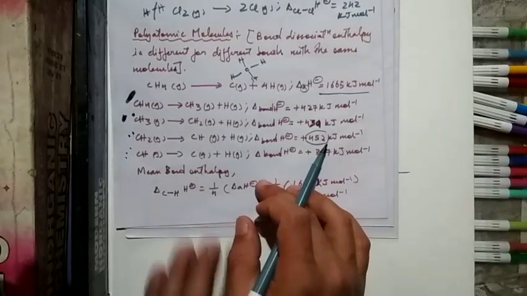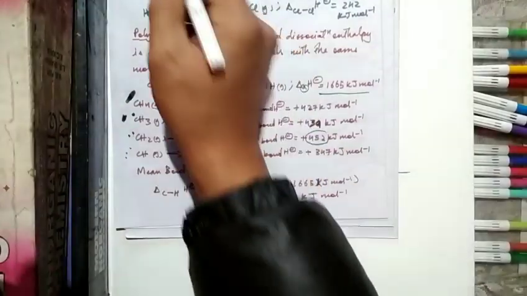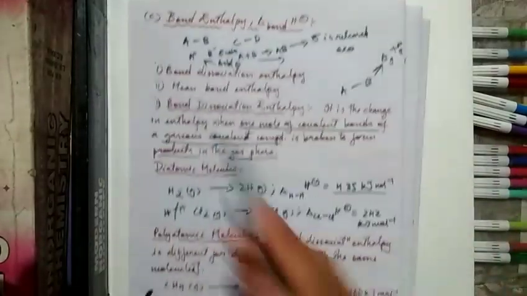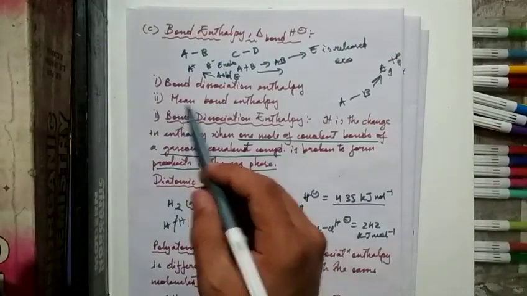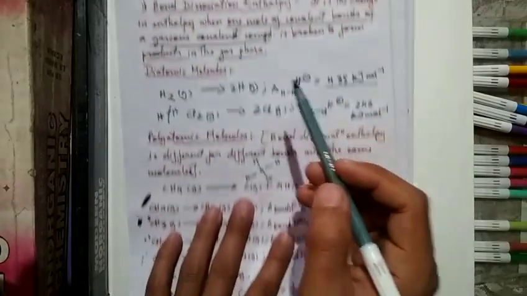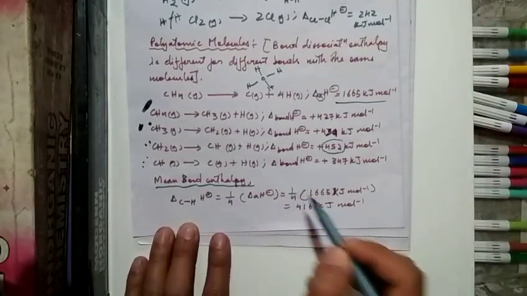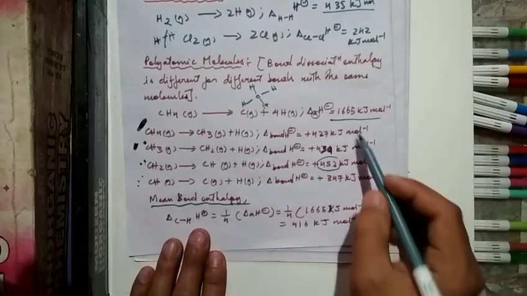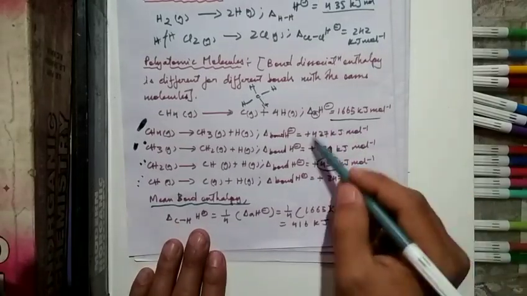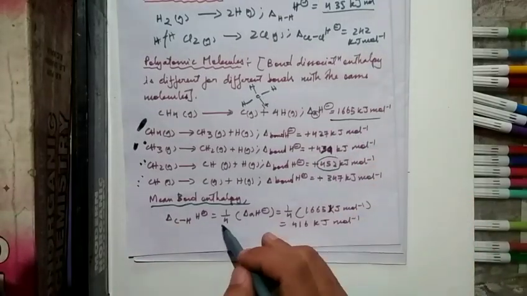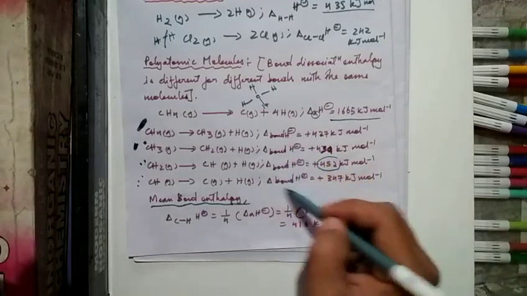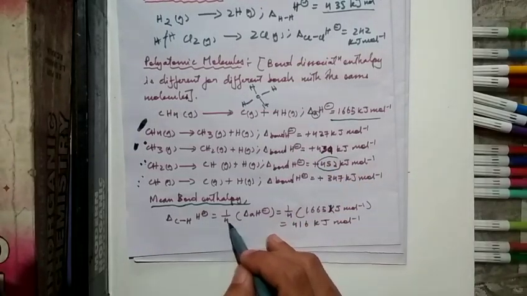Now let's come to the second point. What is meant by mean bond dissociation enthalpy, or mean bond enthalpy? It means the total of all these, divided by 4. Since 4 steps are involved, we divide by 4.